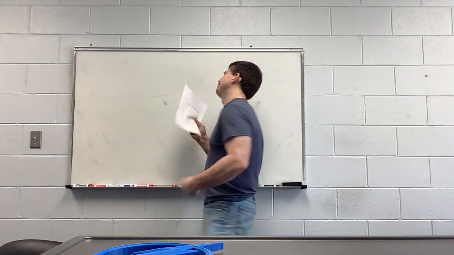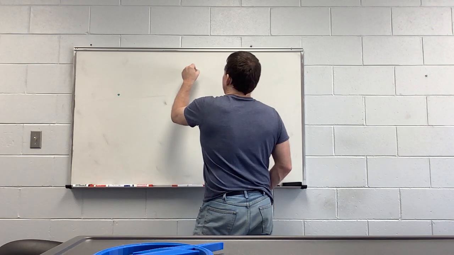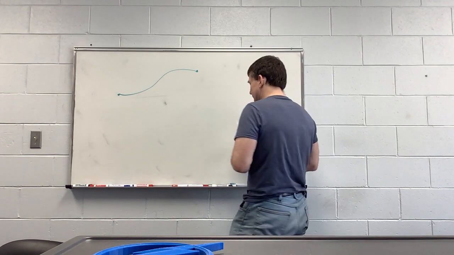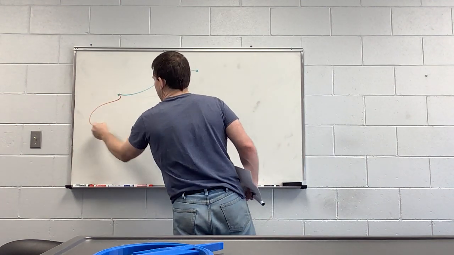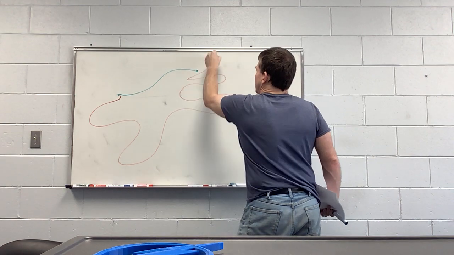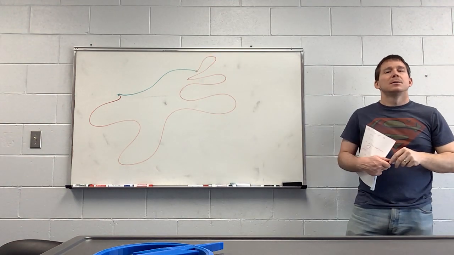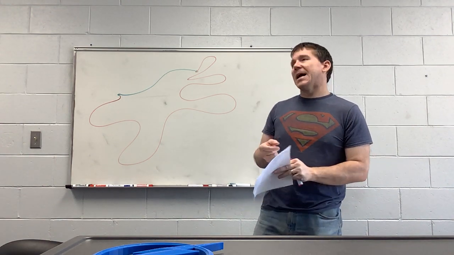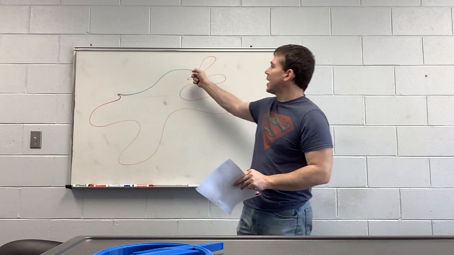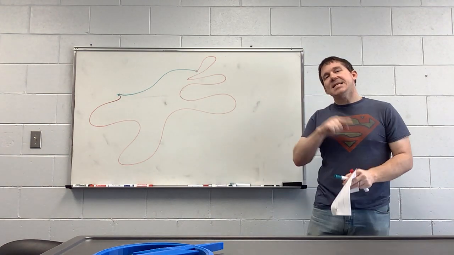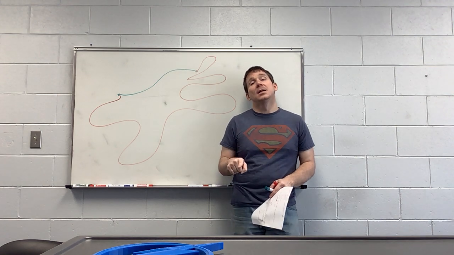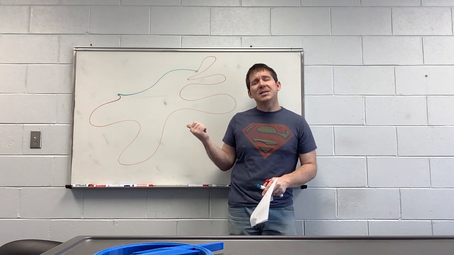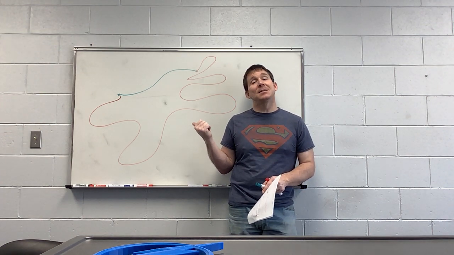But then, if I have some vector field, and this is my starting point, and this is my ending point, and there's my path, what happens if I use a different path? If it's a conservative vector field, the value of the line integral is entirely based on the value at the starting point and the ending point, which has nothing to do with the path in between those points, which means this is what's called path independence in math speak.